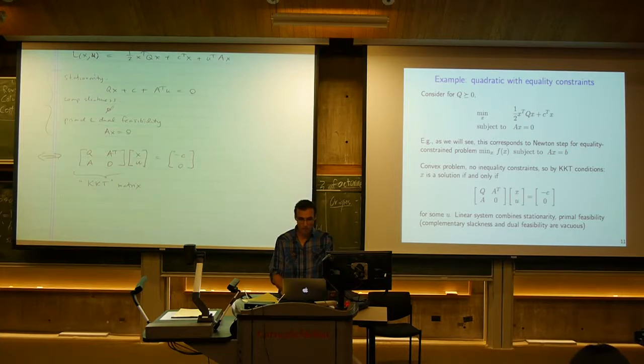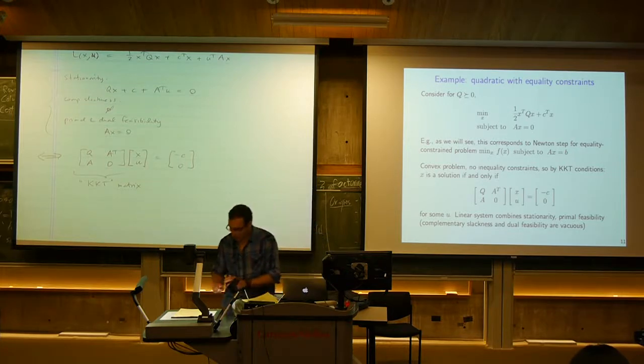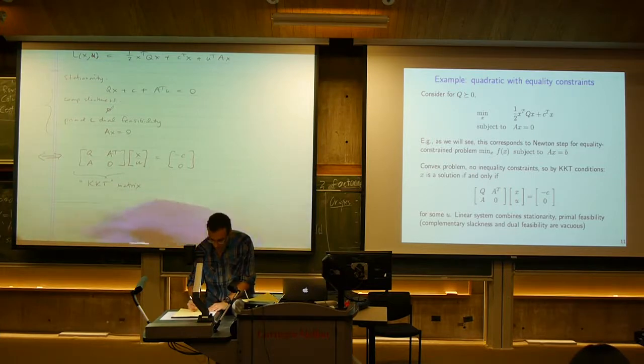Okay. Let me just maybe give you a tiny bit of motivation. So how does this show up in Newton's step? Well, in Newton's method, we always make quadratic approximations to our function, and we minimize these quadratic approximations over and over again.